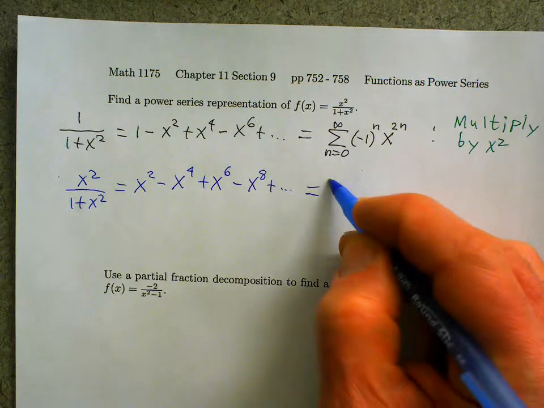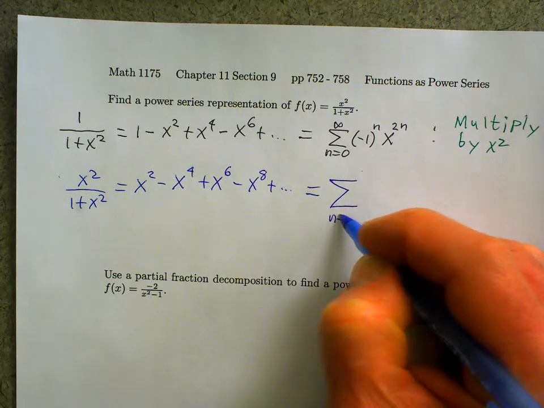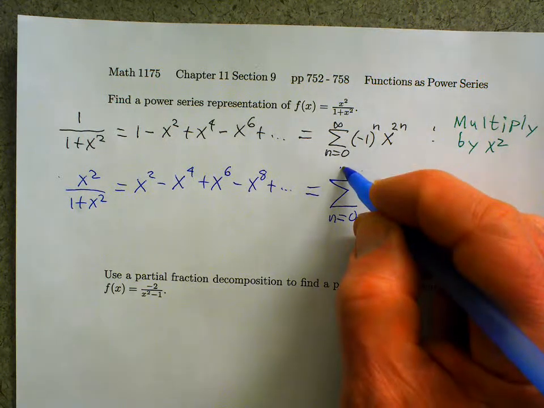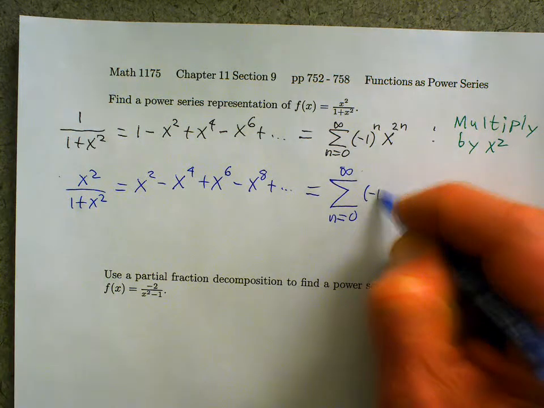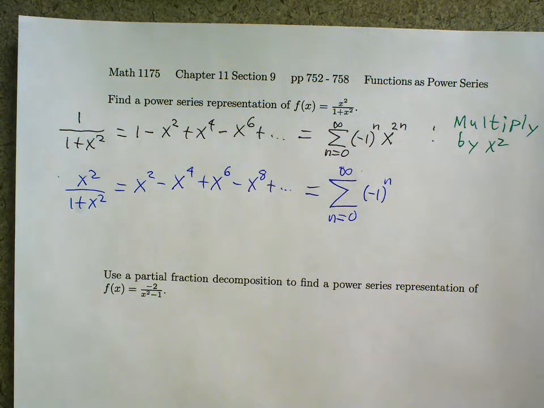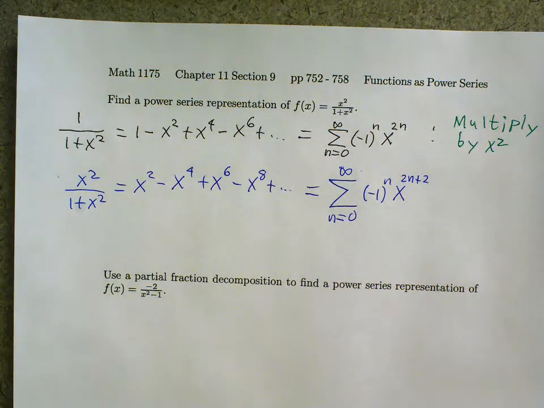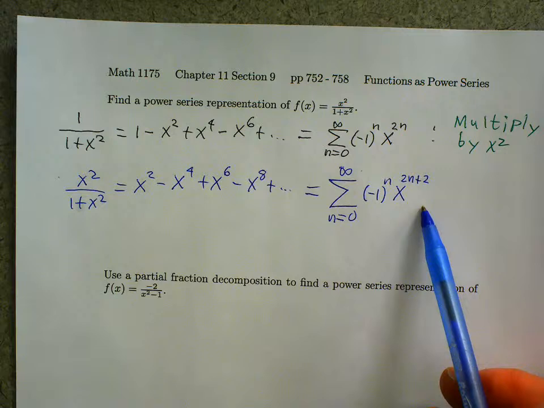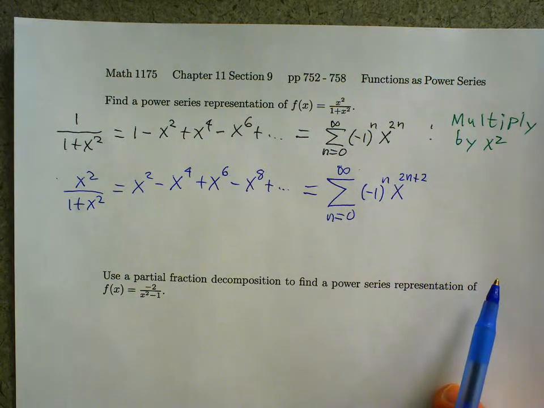And then the sigma notation, let's see, it's alternating. So -1 to the n, and this will be x to the 2n plus 2. Okay, so that's all there was to that.